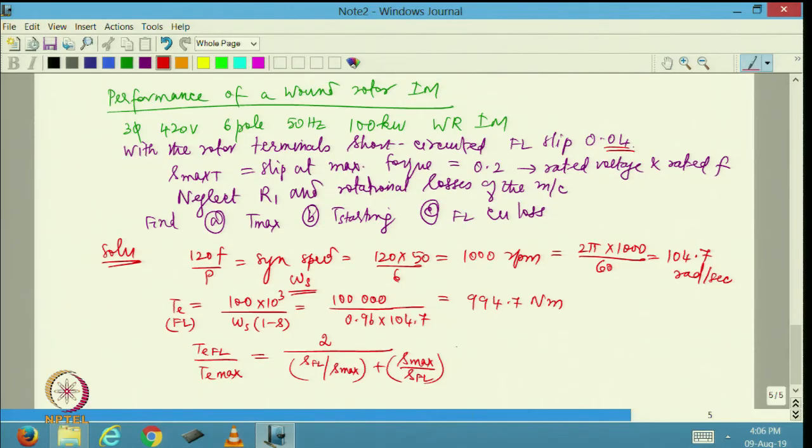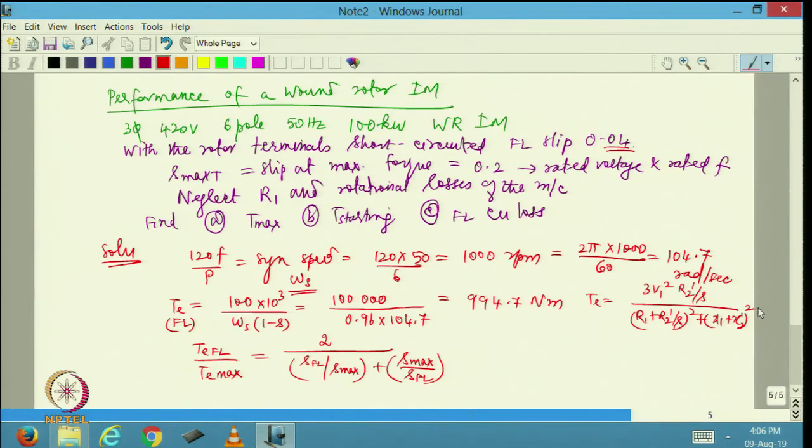This expression you can derive very clearly if you have TE, which we write as 3 V1 square R2 dash by S divided by R1 plus R2 dash by S whole square plus X1 plus X2 dash the whole square.